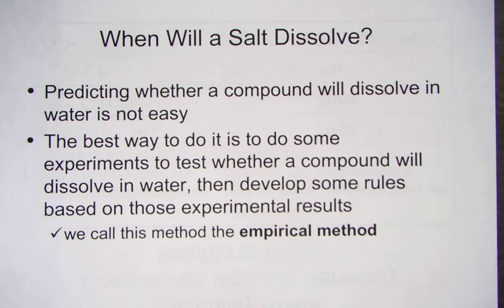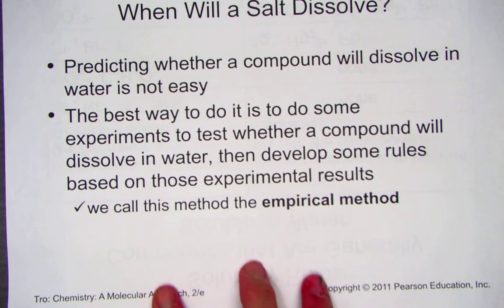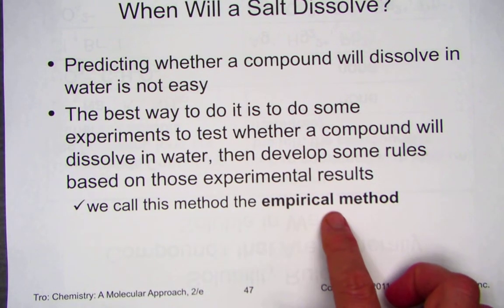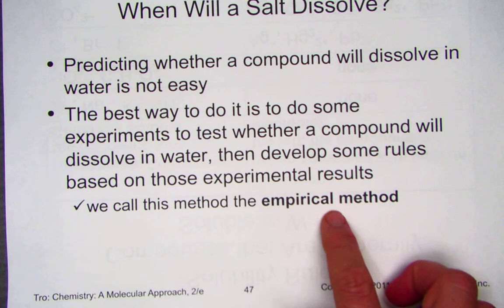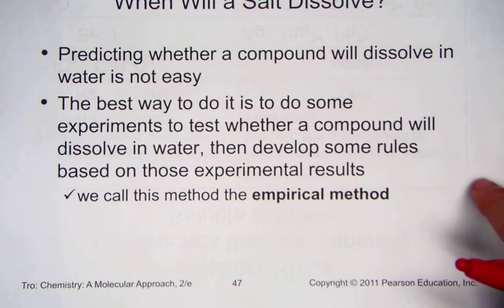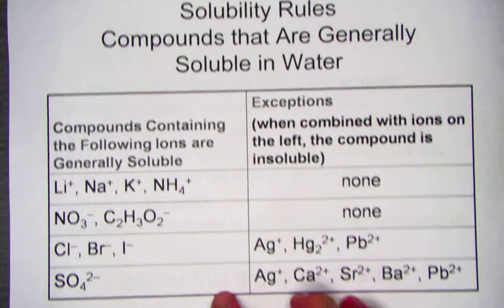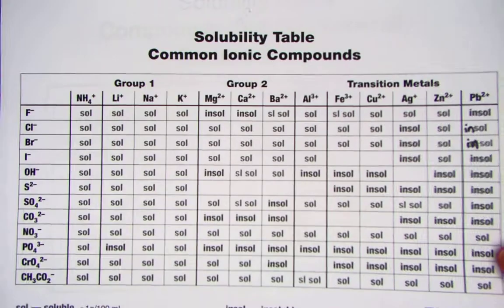So predicting whether a compound will dissolve is not easy, but there are some charts that will help us out. The best way to do this is to test it, and that's what they call the empirical method. When in doubt, go and test in the lab. However, there are things called solubility rules, and this is the one from our textbook, or perhaps you'd like to use the one I gave you last quarter.